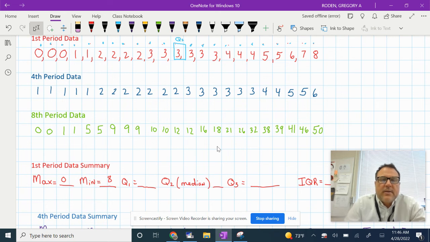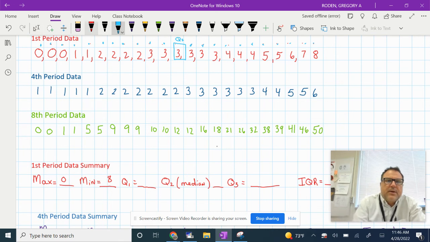Make sure you have all this data down. You should probably pause my video and copy all the data down. This third 3 is the median, the Q2. So I'm going to put 3 for Q2. Once you use that for your median, you want to exit out.